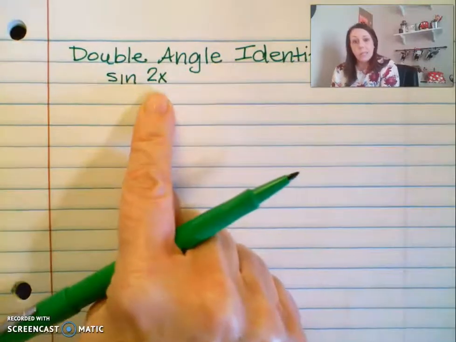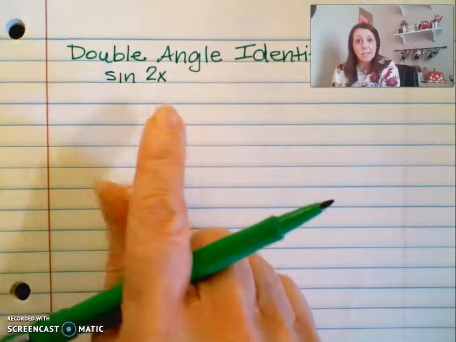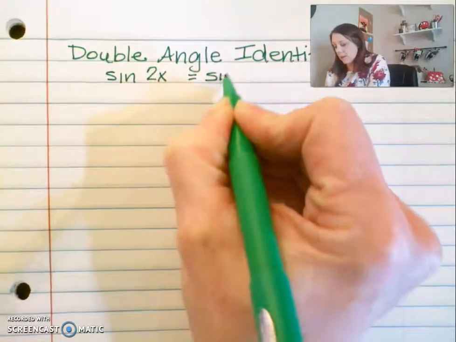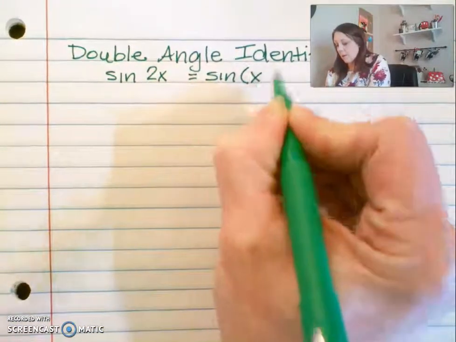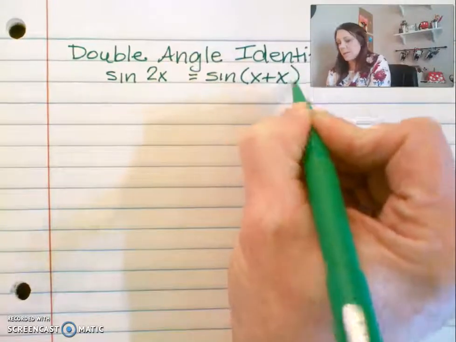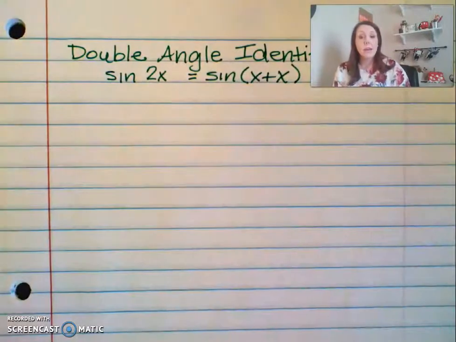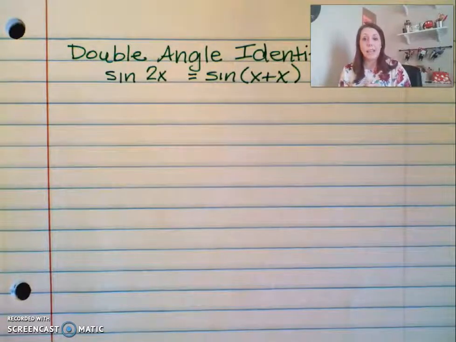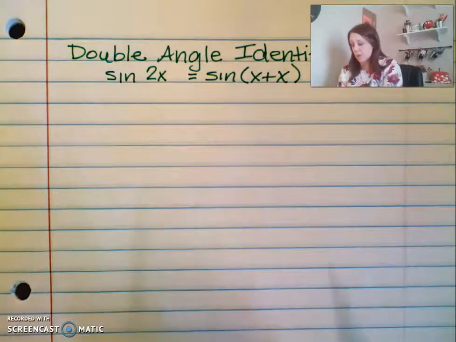In this case, we want to think of this 2x as being x plus x. So one way to examine this would be to expand it in that form. Now, from there, what we want to do is use that sum formula that we discovered in the last section and expand this expression.